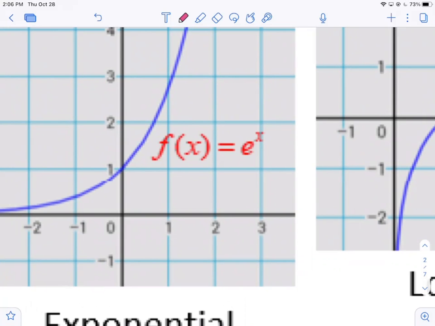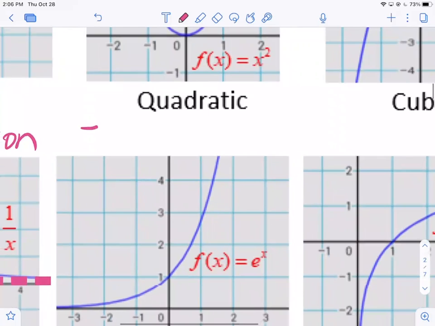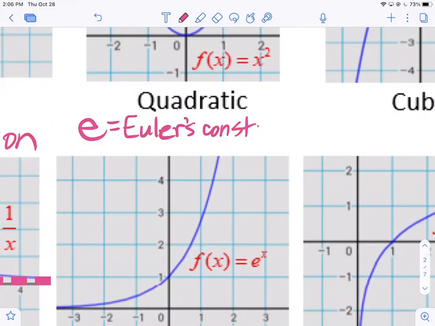Your parent function is going to be e to the x. Now, some of y'all have experience with e. E is called Euler's number, named after Leonhard Euler, the most prolific mathematician of all time when you include individual work. Euler's constant, Euler's number, same thing. It's the second most famous irrational number in all of mathematics behind pi.